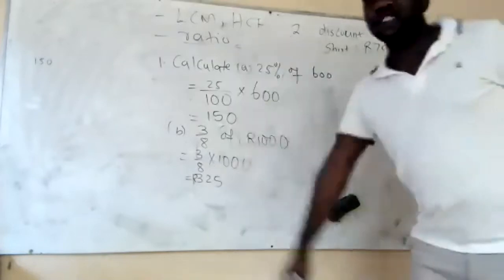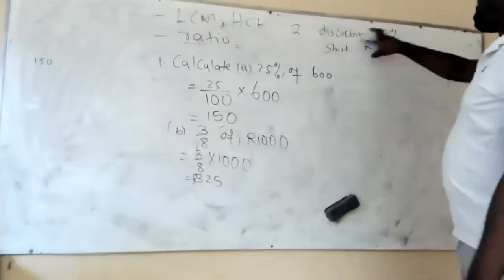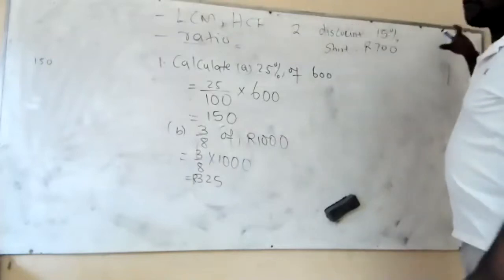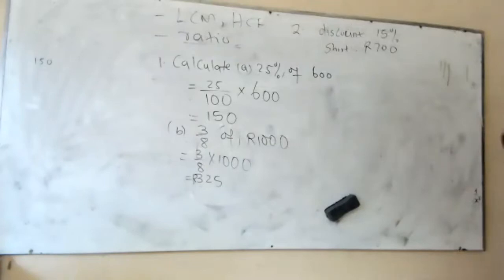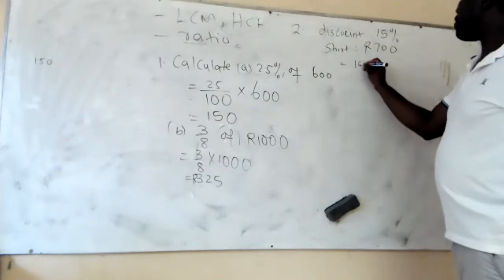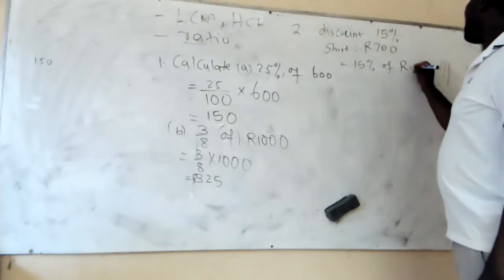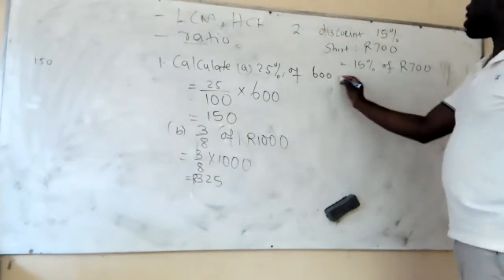The procedure is the same as with the previous question. It's just that here we have a question in the form of a real life situation wherein we need to apply the ratio. So here we're going to find 15% of 700.